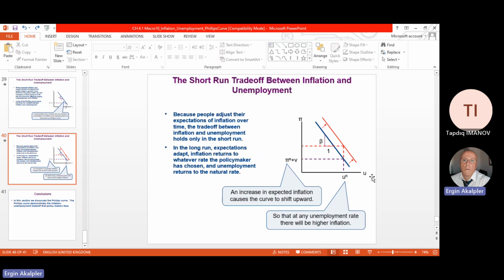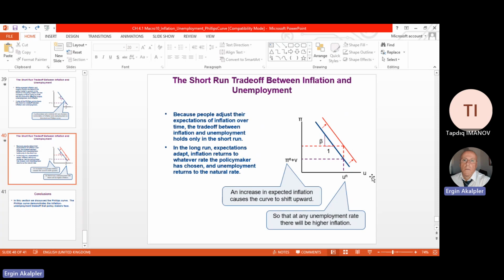The short-run trade-off between inflation and unemployment is shifted upward because people adjust their expectations of inflation over time. As inflation is supposed to shift up, this will shift the Phillips curve upward. In the long run, expected inflation adapts and returns to whatever rate the policymaker has chosen, and unemployment returns to the natural rate, so the policy becomes ineffective in the long run.